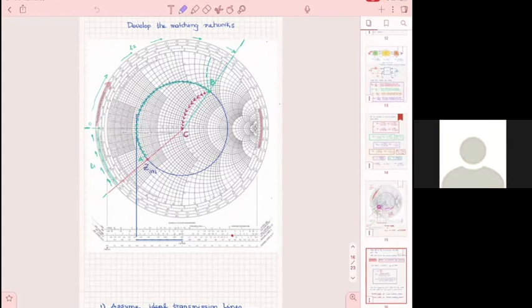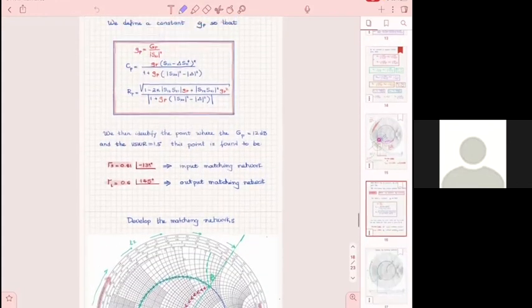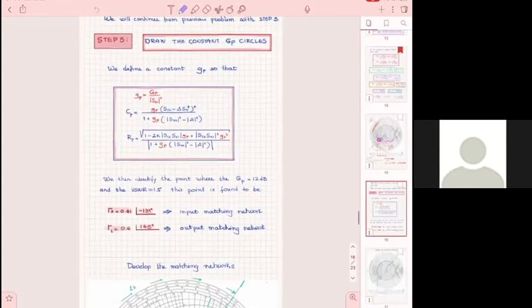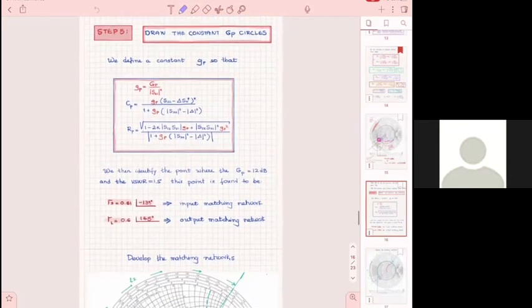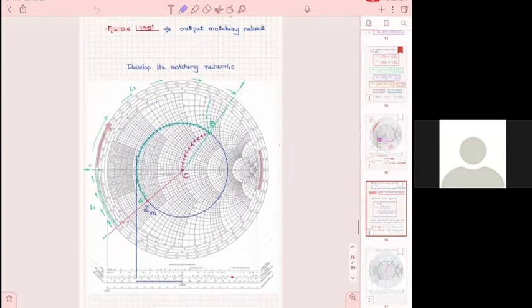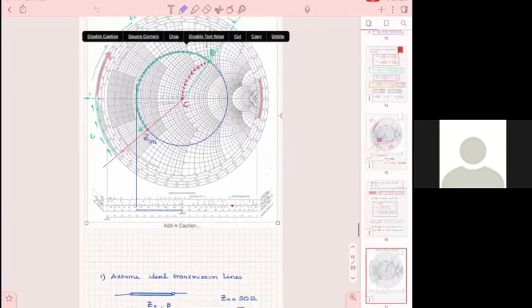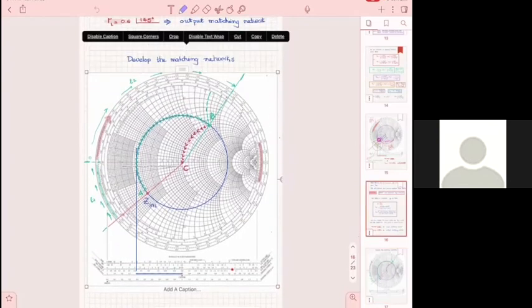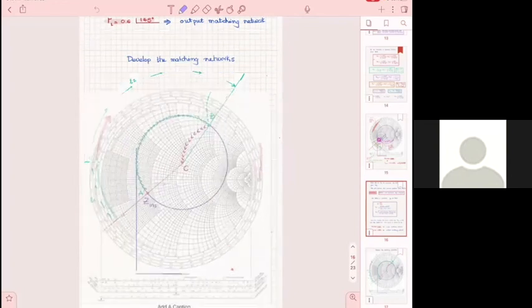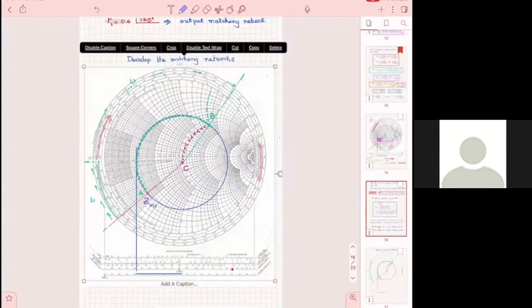No, I think I needed to move towards the load, because every time the load is at the center.